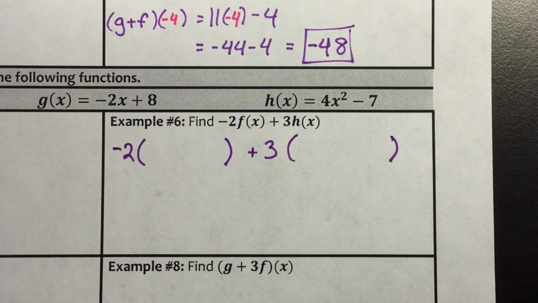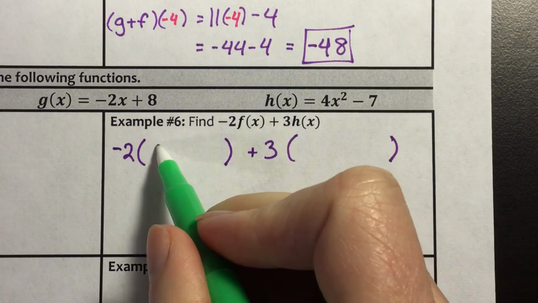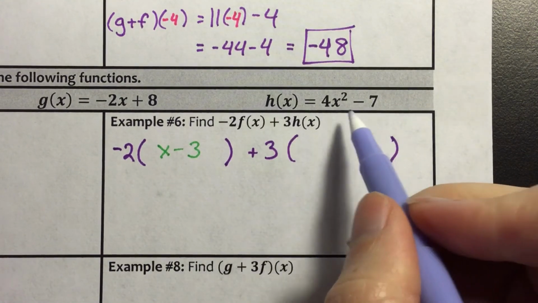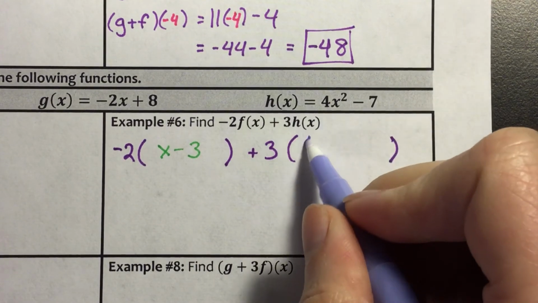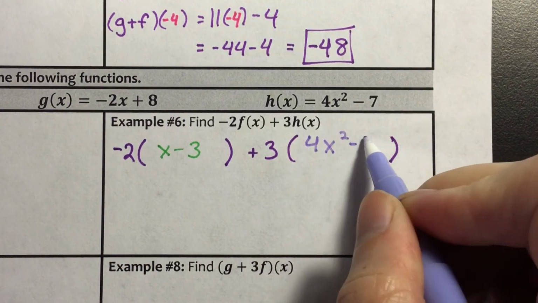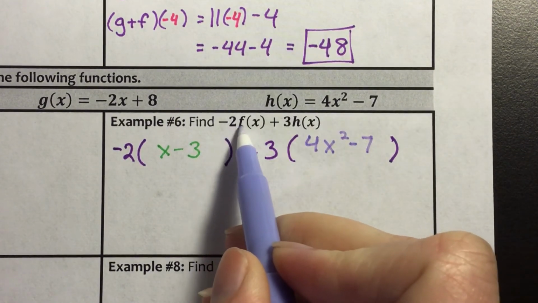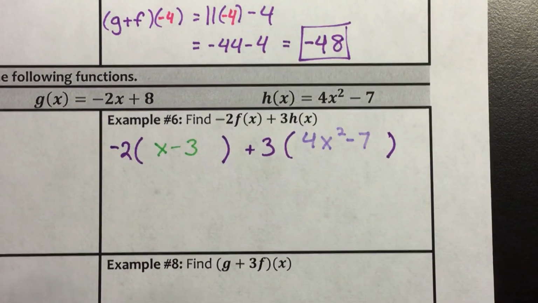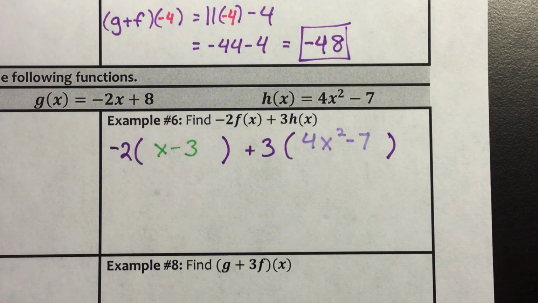See how that structure stays the same. F of x gets replaced with x minus 3. H of x gets replaced with 4x squared minus 7. But the negative 2 times the f is still there, and the 3 times the h is still there. And from here, this becomes just a simplifying problem.